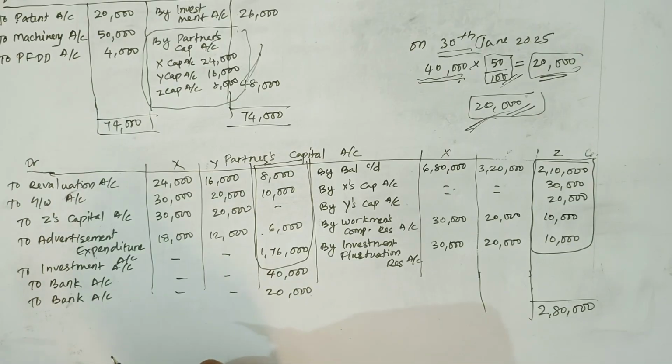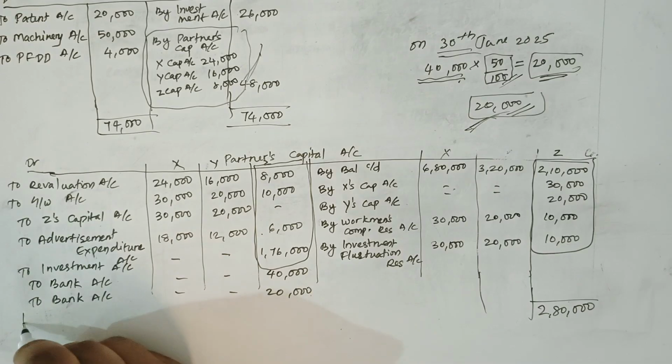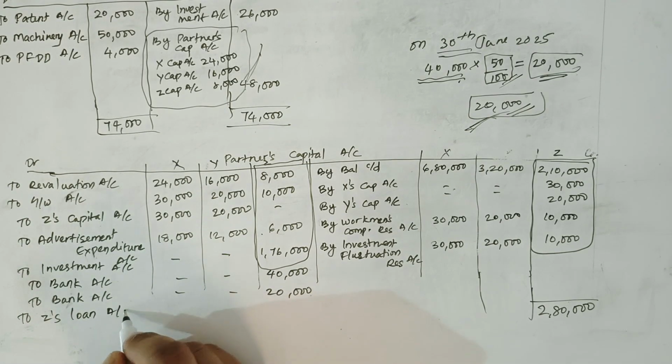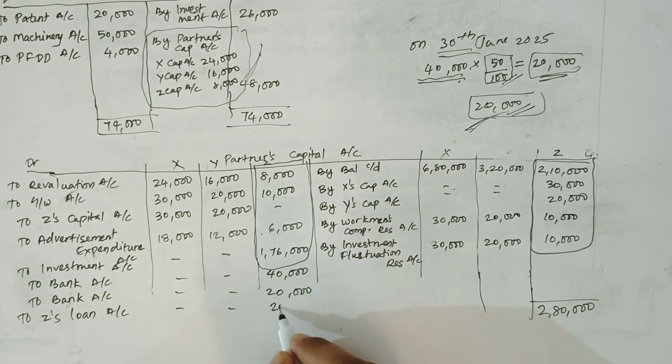For that, they will be paying it within 1 year. So this 20,000 will be transferred to Z's loan account, and the journal entry will be Z's capital account debit to Z's loan account. So on the debit side, to Z's loan account, remaining 20,000. So that's all. We have posted everything.